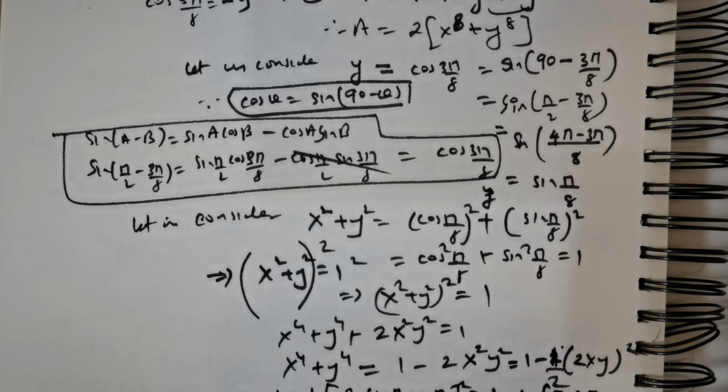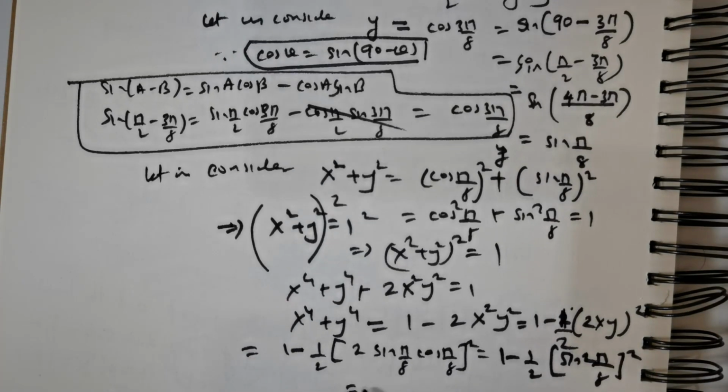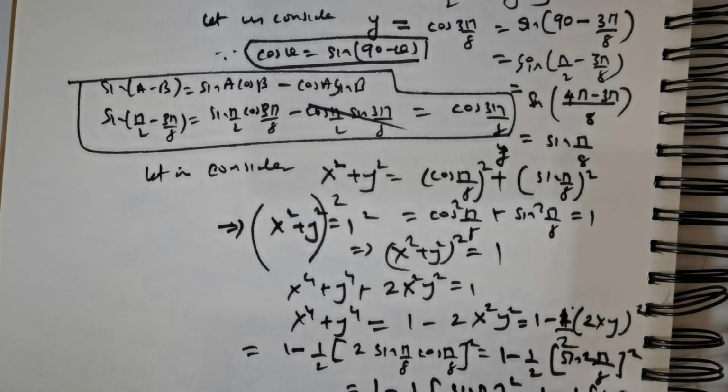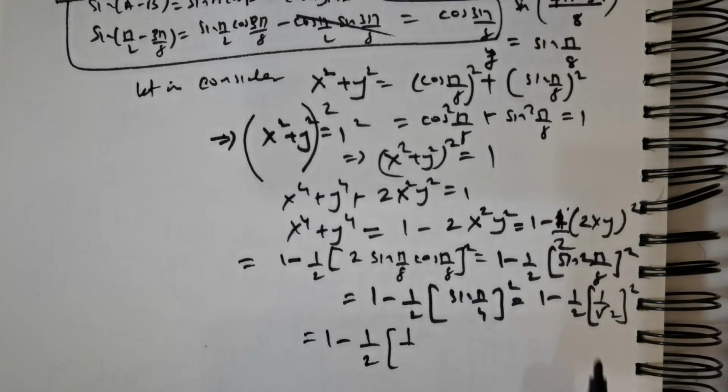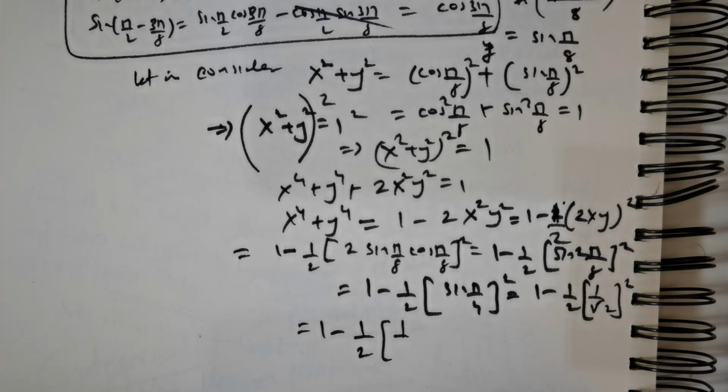So 2 times pi over 8, raised to the power of 2, which is nothing but 1 minus 1 over 2 sine pi over 4, whole squared, which is equal to 1 minus 1 over 2 times sine pi over 4, that is sine 45, 1 over root 2, raised to the power of 2, right? I hope you got that. So this is the simplification.